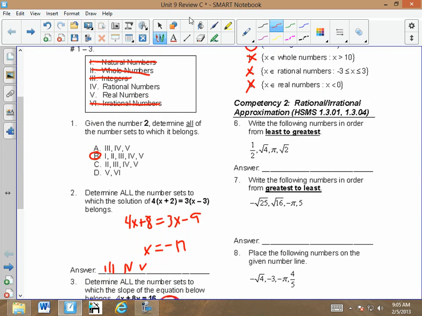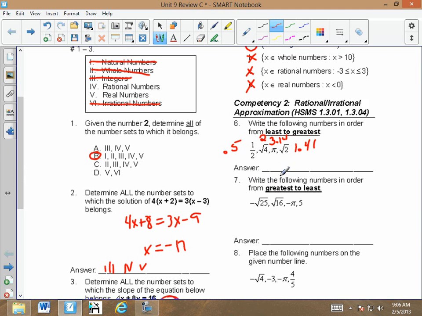Now, we're going to write the following numbers in order from least to greatest. So, you will get your calculator and you will turn these into decimals. 1/2 is 0.5. The square root of 4 is 2. Pi is 3.14. We're just going to use 3.14. And the square root of 2 is, I'm going to go with 1.41.